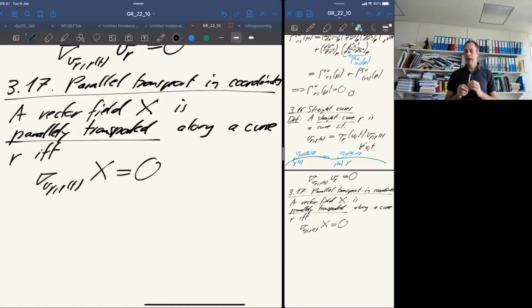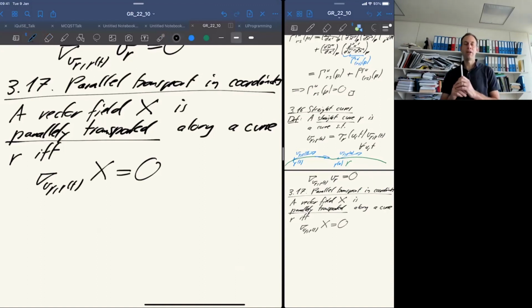Now it's called parallelly transported along the curve gamma if physically the following is the case. I walk along the curve gamma, I take again this gyroscope with me, and align the gyroscope at the starting point with the vector that I find at the starting point. That's one vector, X_p. And then I just move with my gyroscope and check at every location where I pass whether the gyroscope is still aligned with the vectors I find at this location.